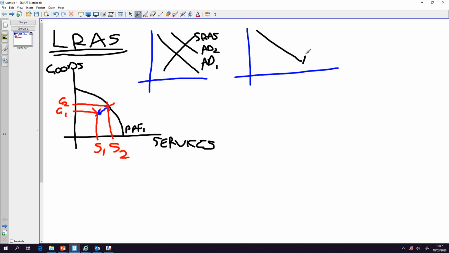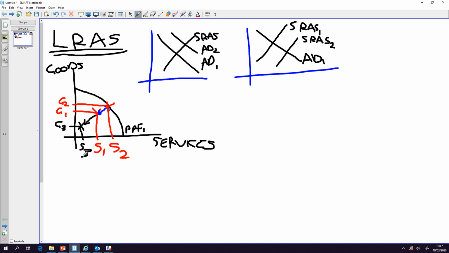We could also show it by an outward shift in short-run aggregate supply. So both of these diagrams would show the economy moving closer towards the production possibility frontier. So it's the causes of going from G1S1 out to G2S2. Now, of course, if an economy experienced a recession, it would mean that the output would fall across the economy.